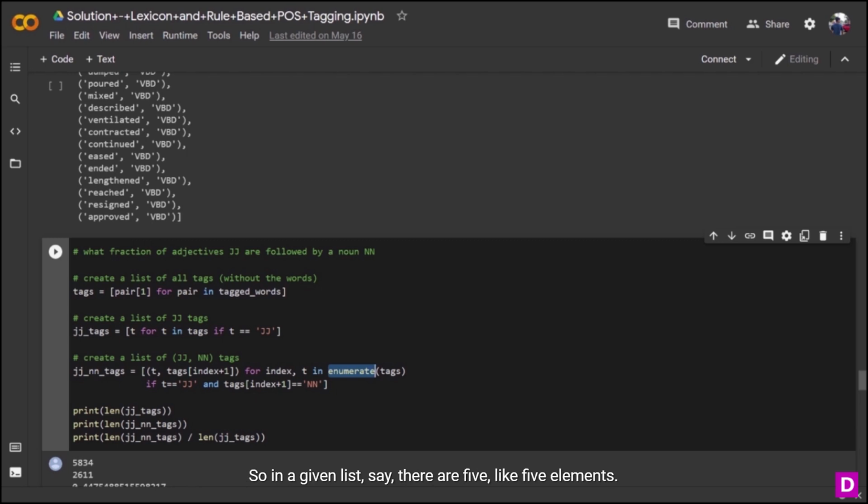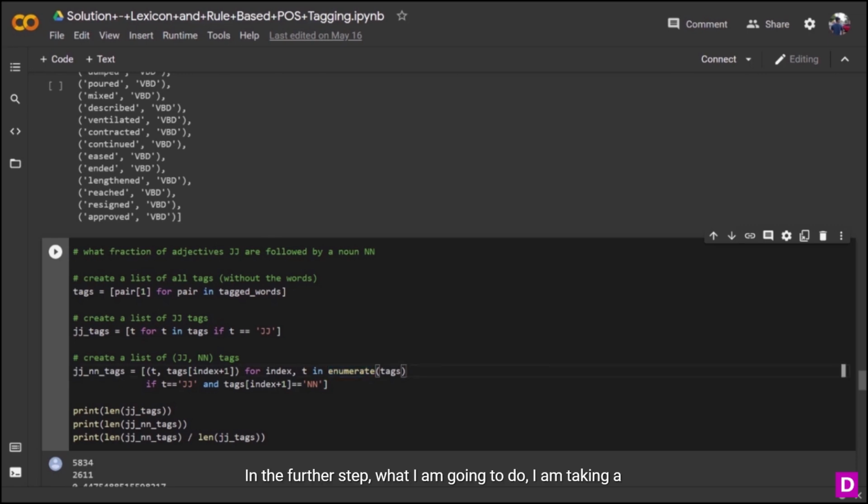So in a given list, say there are five elements, enumerate will assign an index to each of them, creating a list of elements along with their respective indexes. This enumerate helps us do this in a very neat fashion. So within this for loop, I am iterating over this enumeration of the tags.